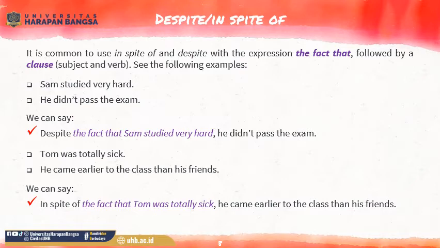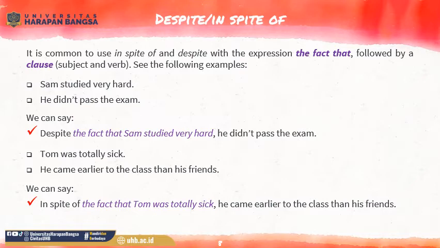Kalimat pertama, Sam studied very hard. Kalimat kedua, he didn't pass the exam. Ada dua contrasting ideas. Yang pertama belajar dengan keras, yang kedua tidak lulus ujian. Kita bisa pakai despite atau in spite of ya, dengan catatan di belakangnya memakai the fact that, maka di belakangnya boleh ada subject dan verb.